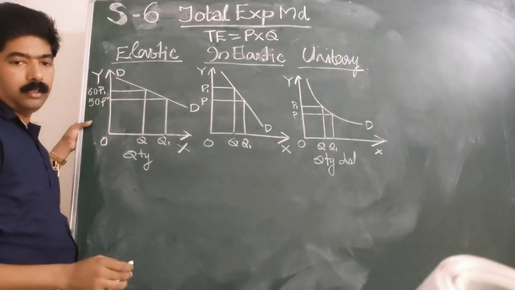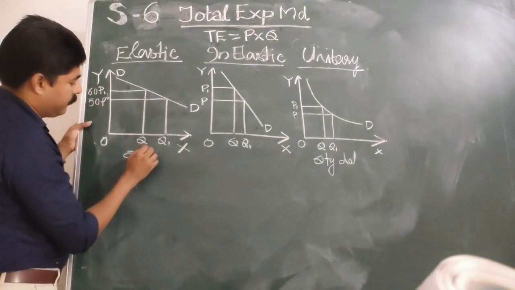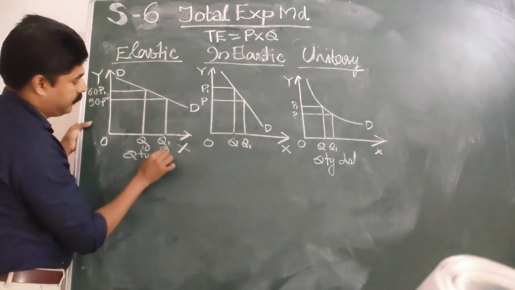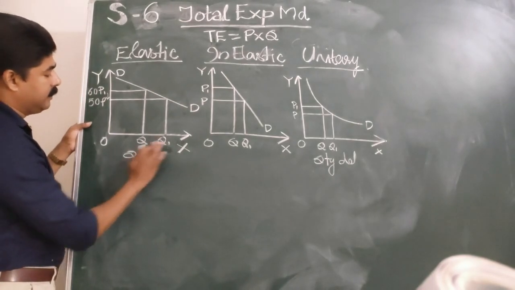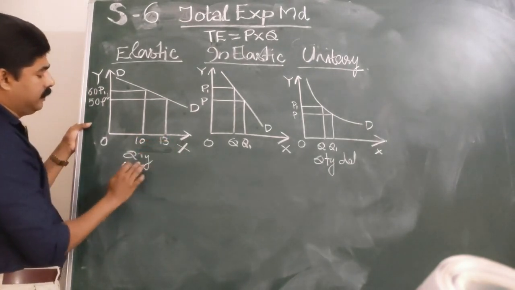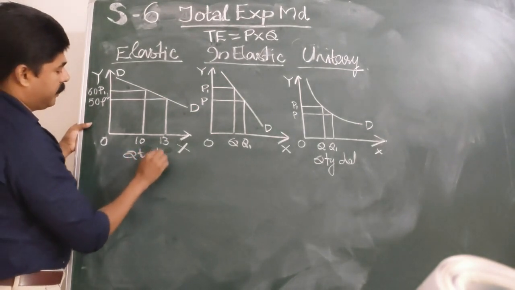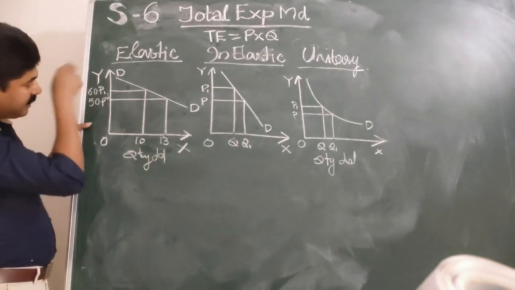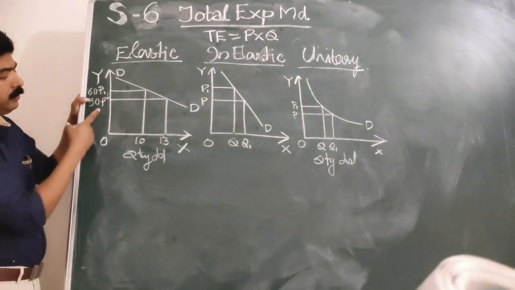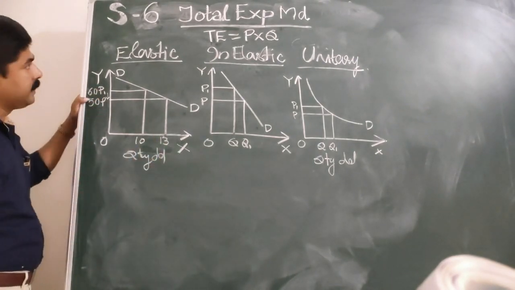You look at this diagram. We can find that 10 and 13 are the quantities demanded by a consumer. What does it mean? A fall in price leads to an increase in total expenditure.